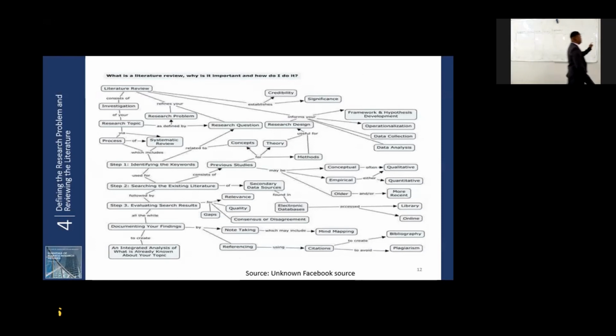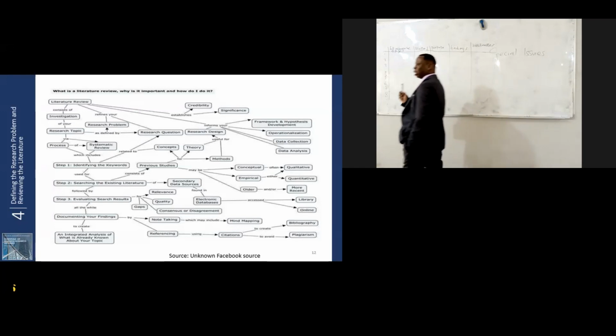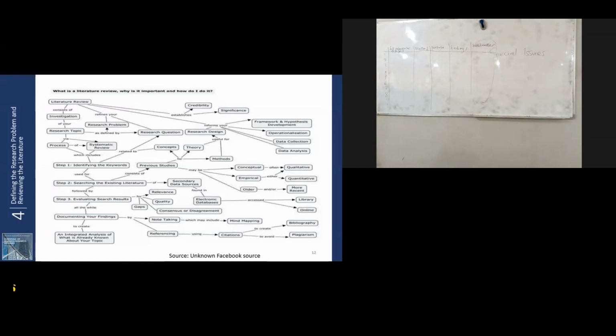Now, from here, there are a lot of facets of the literature review process. One of the mechanisms of literature review is what we call a systematic review. A systematic review is a special type of literature review where the source of data is previous research.